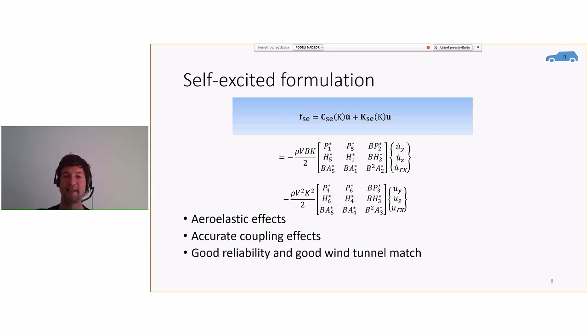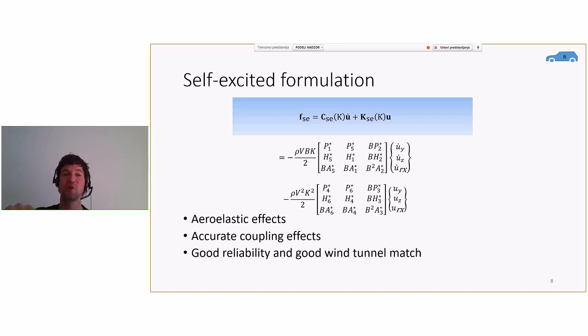So our idea is that those models are better than the quasi-static because they provide more accurate results of coupling effects. You see here that the matrices are full, there are no zeros, and all the values here are wind tunnel measures. So that means that we have forces which correspond to the wind tunnel measurements, which the quasi-static does not necessarily have.